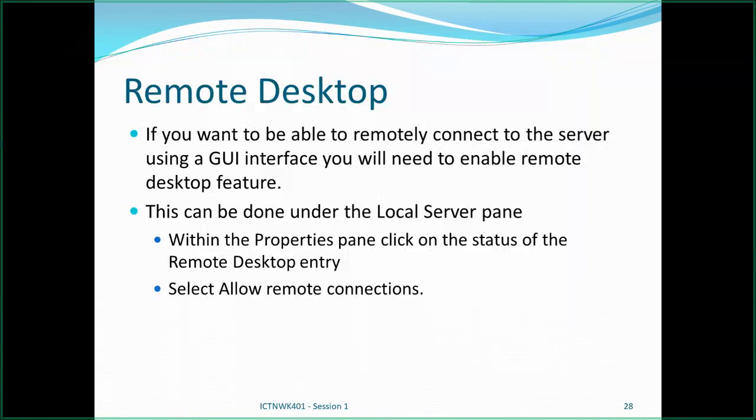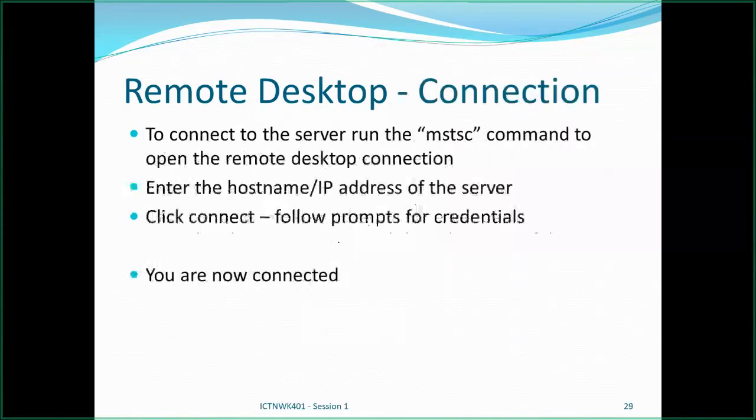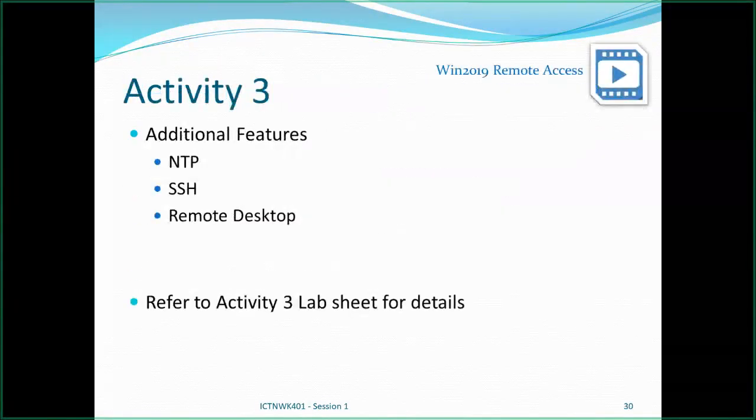Then after turning on the feature on the server, we can connect using the mstsc command, enter the host name, and it will prompt us for our user credentials to allow the connection to occur. So if we can do this in activity 3, remote access, we'll be laughing.